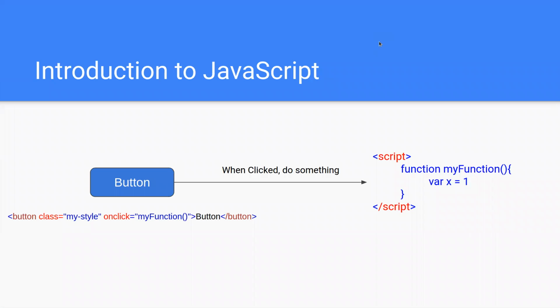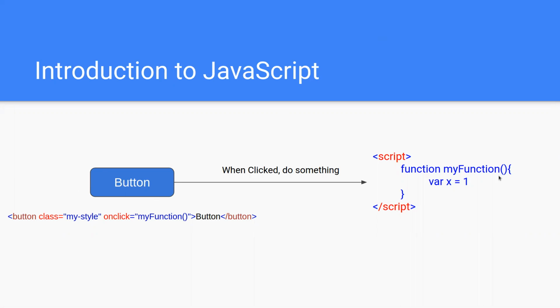As I said earlier, JavaScript makes the website interactive. Here in the slide, you can see the button, which looks good as we have added CSS to change its color. But how can we tell the website to do something when the button is clicked? That interactivity in a web page is added using JavaScript.